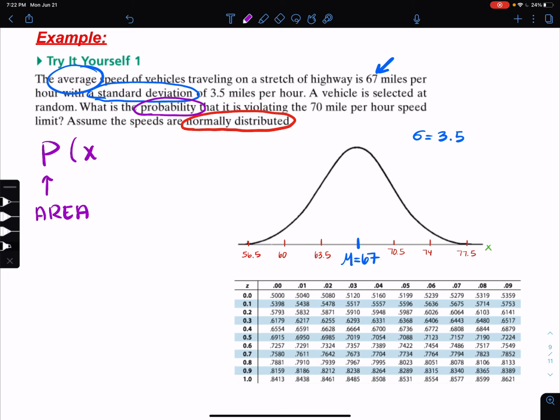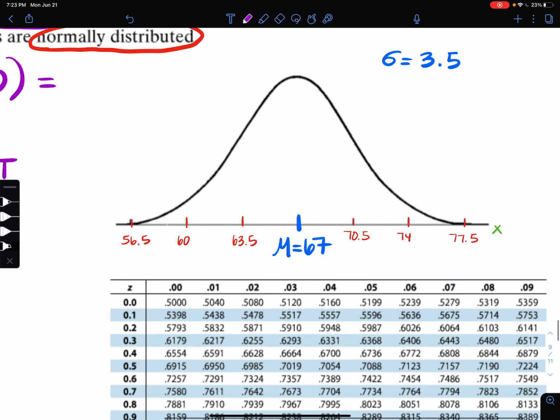If I continue reading here, it says, what is the probability that a vehicle is violating the 70 mile per hour speed limit? Well, we all know if you're violating the speed limit, you're going more than the 70 mile per hour speed limit. So now I know not only am I looking for an area, but if I want to go greater than, I'm looking for an area to the right of 70 miles per hour.